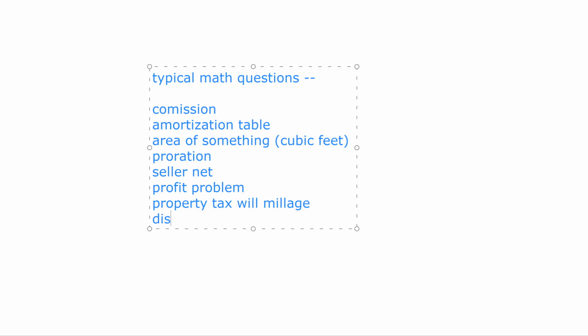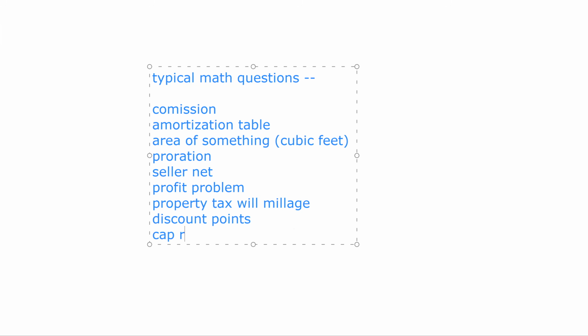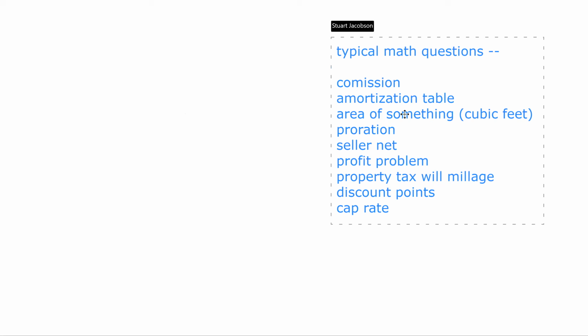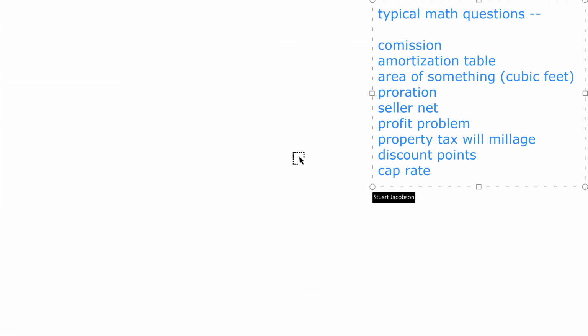I bet you're on top of it. Discount points. Okay. Figuring out how much a house is worth. What do you mean by that, Tom? Oh, cap rate problems. That was one that I was going to go through too. Cap rate problems. So these are all typical problems you'll see on the math portion of the exam.